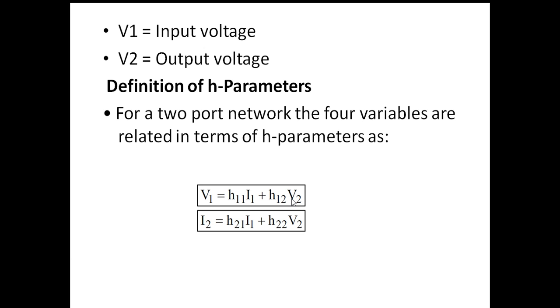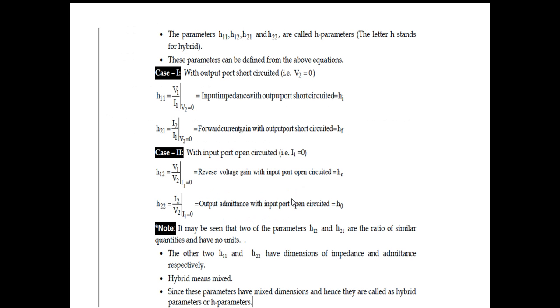So V1 is equal to H11 I1 plus H12 V2. This is the first equation, the input voltage equation. Next is the output current equation: I2 is equal to H21 I1 plus H22 V2. This is the second equation. Here the parameters H11, H12, H21 and H22 are called H parameters.